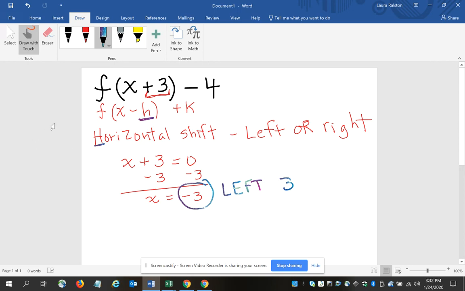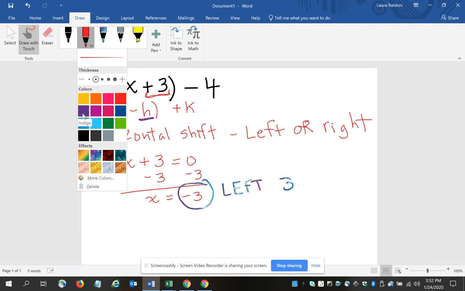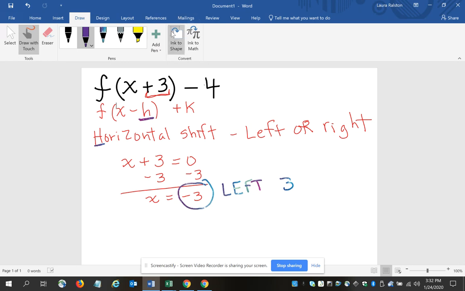Okay, then if I go back and I think about the plus 4, or excuse me, in this case, the minus 4. Go back over here and we're going to think about this minus 4. The minus 4 is after or outside those parentheses.